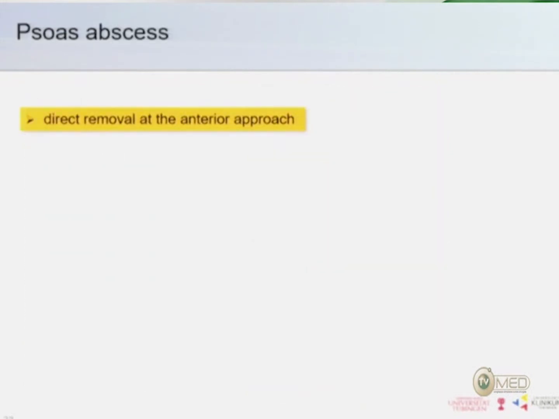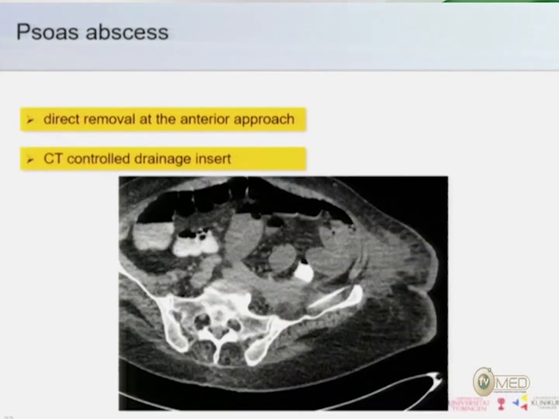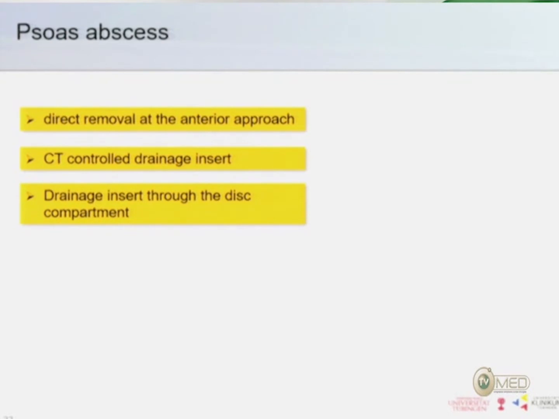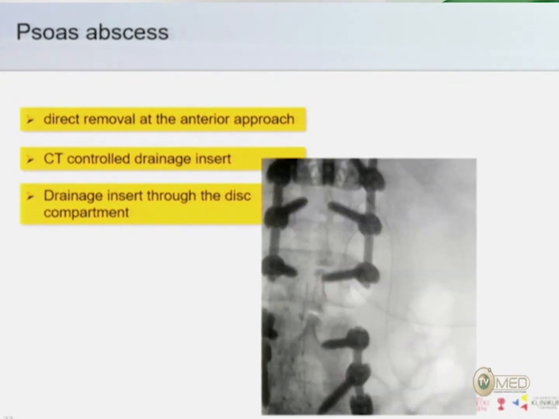Another topic you have to mention about spondylodiscitis, I think, is the psoas abscess. If you do an anterior approach, of course, you can remove the abscess directly. Another possibility is to insert a CT-controlled drainage, as you can see here. And the third possibility, which I prefer if it works, is the drainage insertion through the disc compartment, as you can see here.